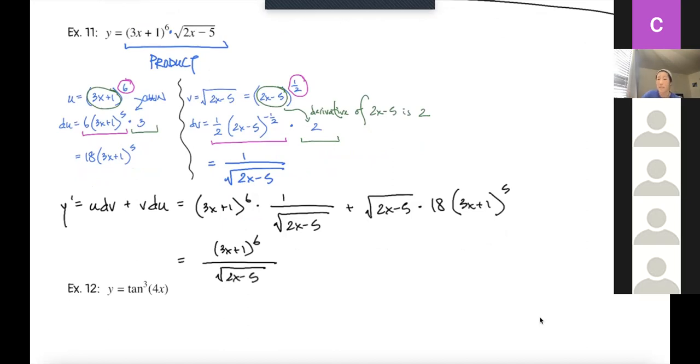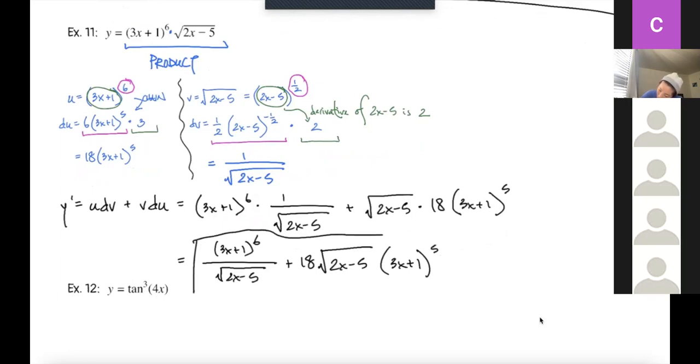I'm just combining the first term into a single fraction. And for the second part, maybe something like this, just because the constants tend to go in the front. But that's it in terms of simplifying.